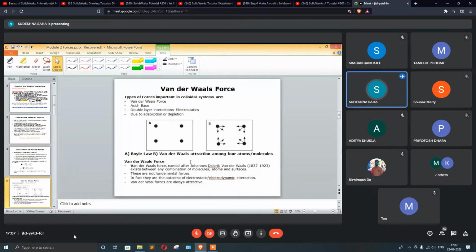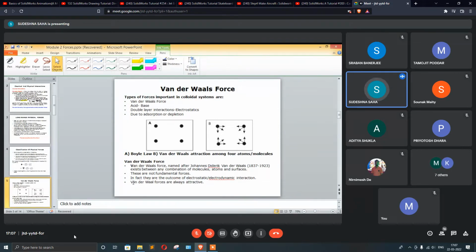Why not? We'll be talking about it. In fact, they are the outcome of electrostatic or electrodynamic interactions, and van der Waals forces are always attractive. These are the characteristics of van der Waals forces.